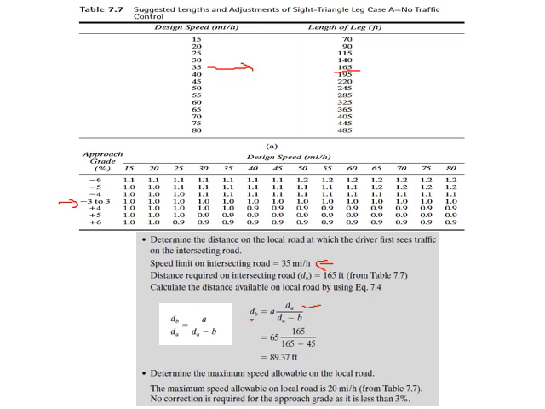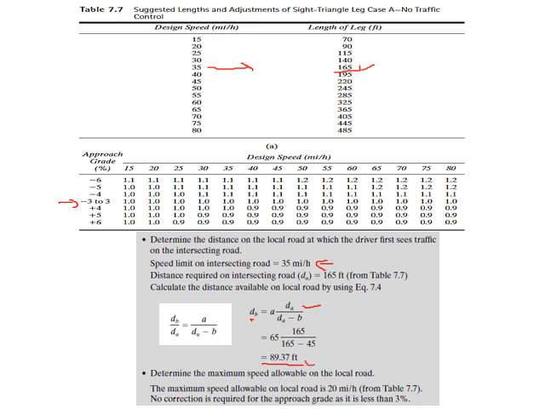In this equation I know A, given in the question, 65 feet, and B, again given in the question, 45 feet. These are distances to obstruction from the intersecting roads. Then I found the value of dA from the table, 165 feet. So I put these values in the equation and I get the distance on the other side to be 89.37 feet. So dB should be 89.37 feet.